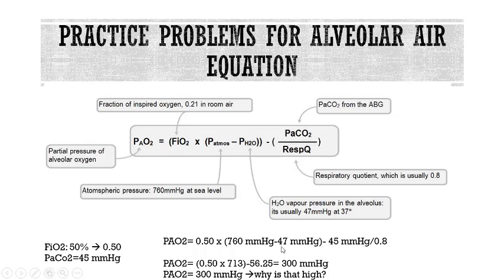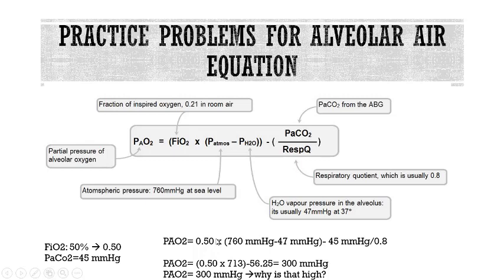What I want to draw your attention to in solving for this one is I gave you the example of 50% oxygen. And if you look, the alveolar oxygen is 300 millimeters of mercury. And why is that so high? What I want to highlight here is that the percentage of oxygen in this gas mixture has increased from 21% to 50%.